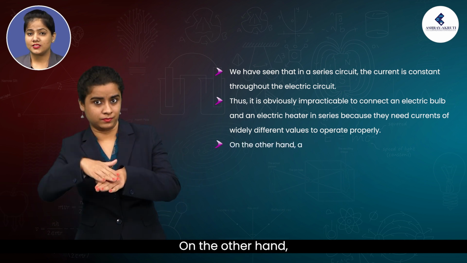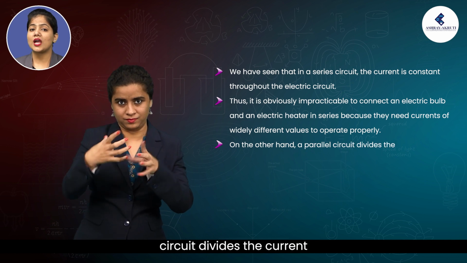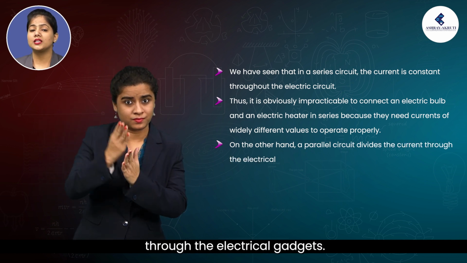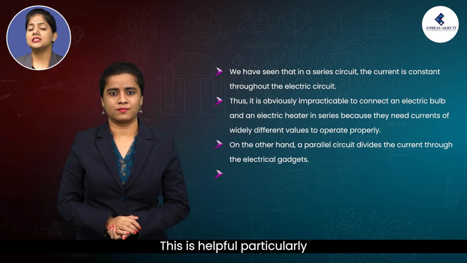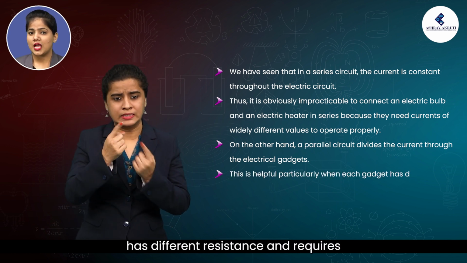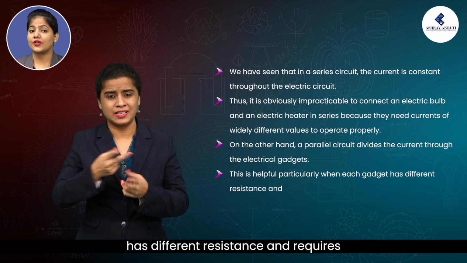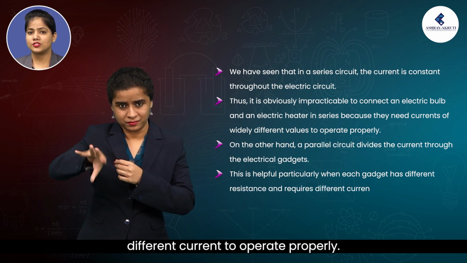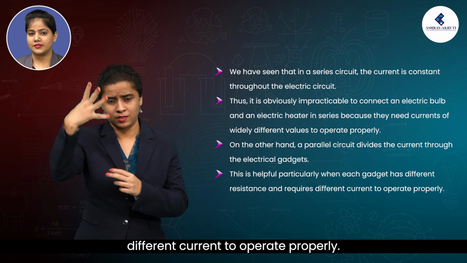On the other hand, a parallel circuit divides the current through the electrical gadgets. This is helpful particularly when each gadget has different resistance and requires different current to operate properly.